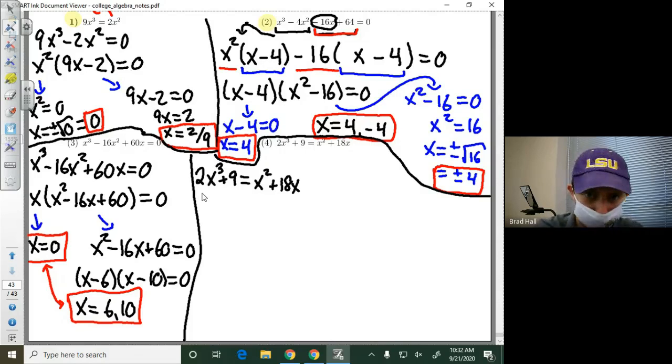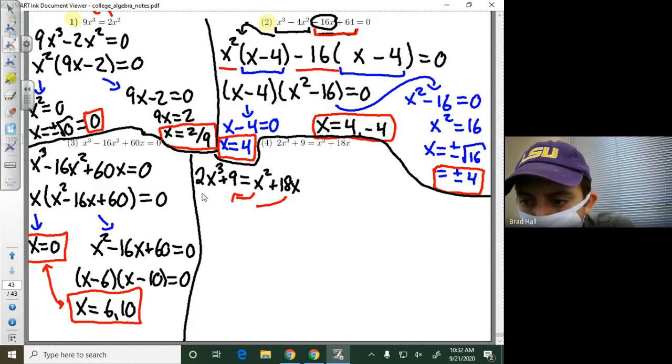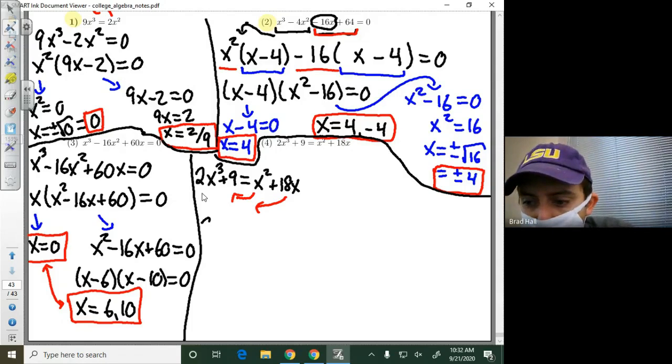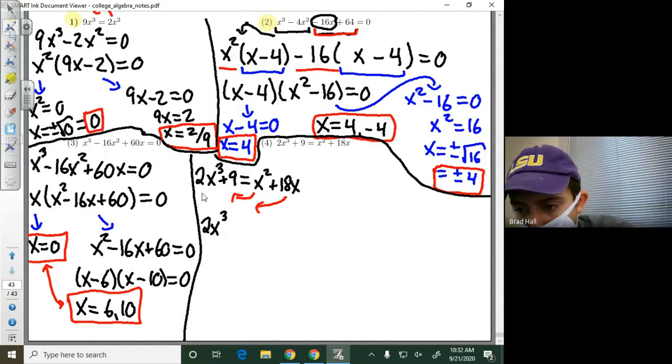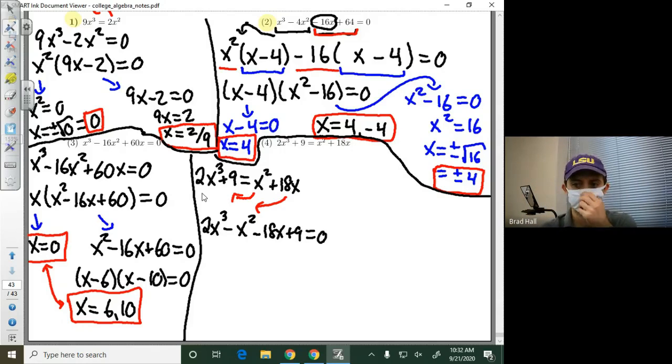That'll help with factoring. I'm going to move these two over here so I can keep the largest degree term, the largest exponent term, positive. So now this would be 2x to the third, now minus x squared, minus 18x plus 9 is equal to 0. So that's the first step.